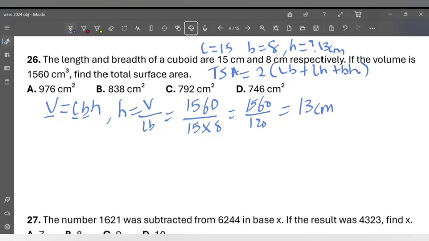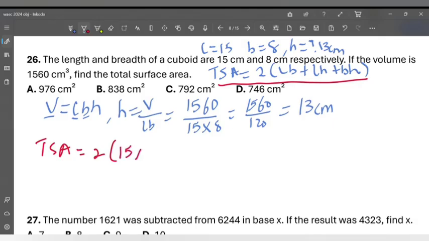That's good. Now I can solve for the total surface area because I have all the parameters. The total surface area will be equal to 2 into length times breadth, that's 15 times 8, plus length times height, 15 times 13, plus breadth times height, 8 times 13.